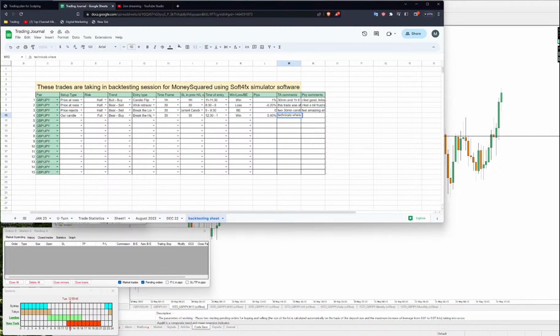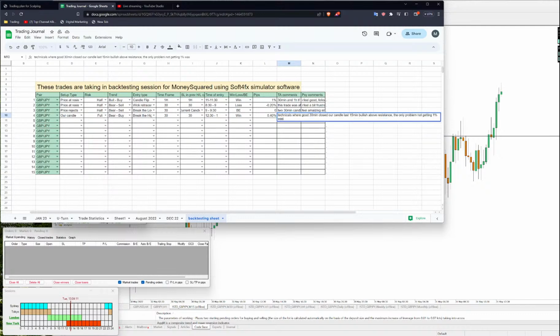Technicals were good. 30-minute, last hour candle, last 15-minute bullish above resistance. The only problem with not getting 1% was moving aggressively against the current 15-minute low.